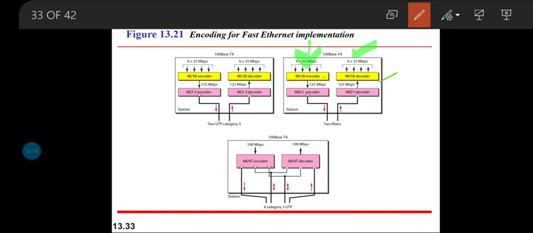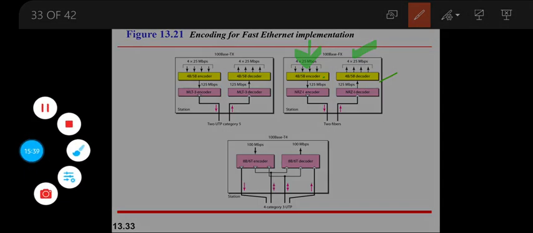We have seen that block encoding increases the bit rate from 100 to 125 Mbps, which can easily be handled by the fiber optic cable. So that is where 100 Base-FX is helpful for us in handling high data rate transmission.